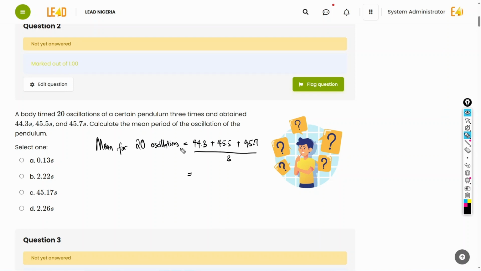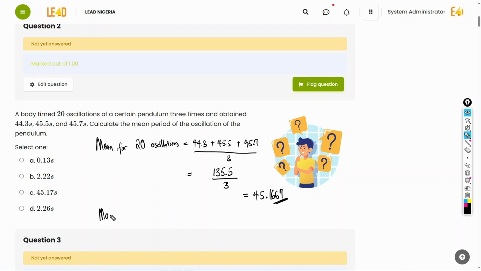The first thing we'll do is calculate the mean, and that's going to give us 135.5, which we can now divide by 3 to give us 45.1667.